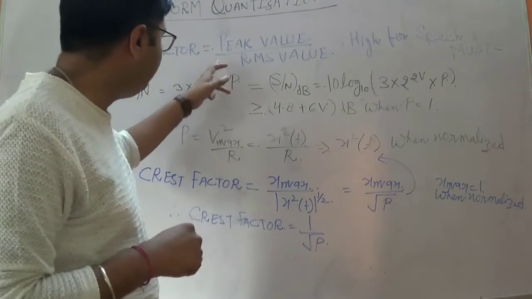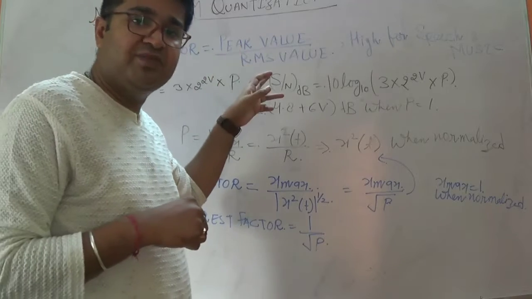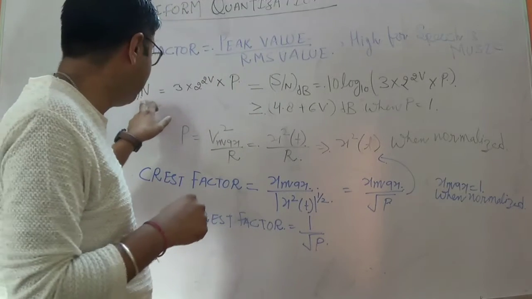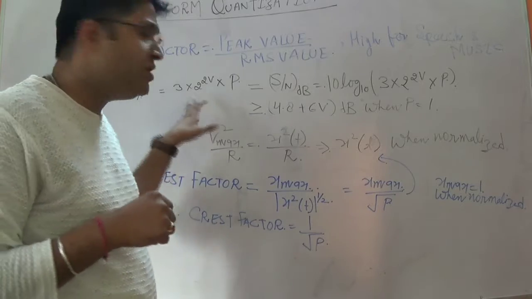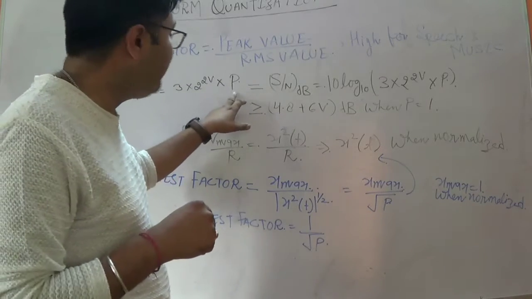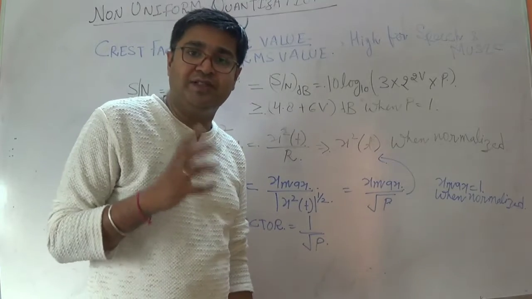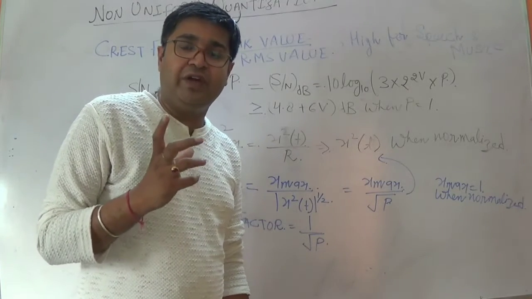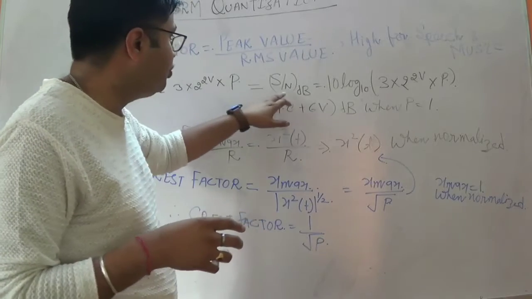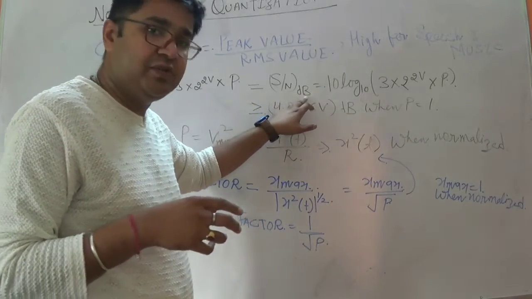Now, if you are talking about the PCM signal, we have already understood that the signal to noise ratio of a PCM signal can be derived with this equation, that is 3 into 2 to the power 2v into P. Here P is the power of that particular voltage signal. This SNR needs to be understood in decibels.